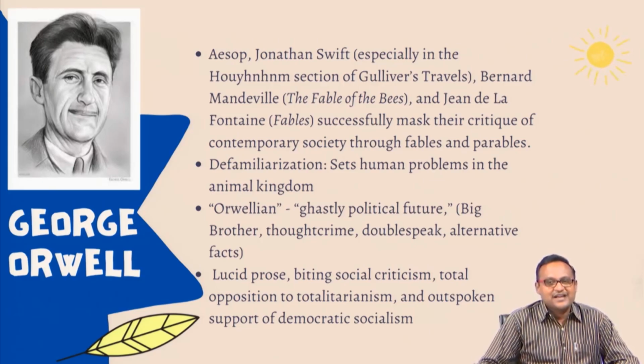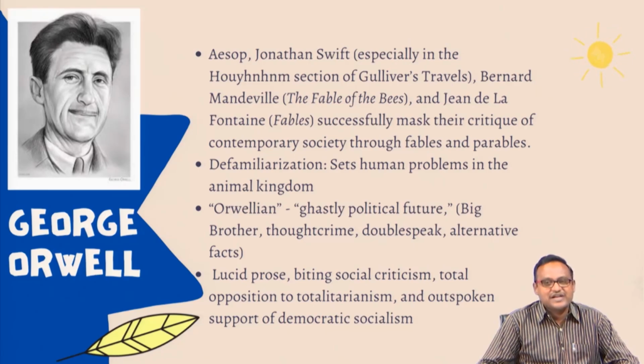So, beginning from there, you have an illustrious writer such as Jonathan Swift, especially in Gulliver's Travels. There is a particular section called Houyhnhnms. There it is a radical critique of the contemporary society he lived in, using an allegory, a created tale.